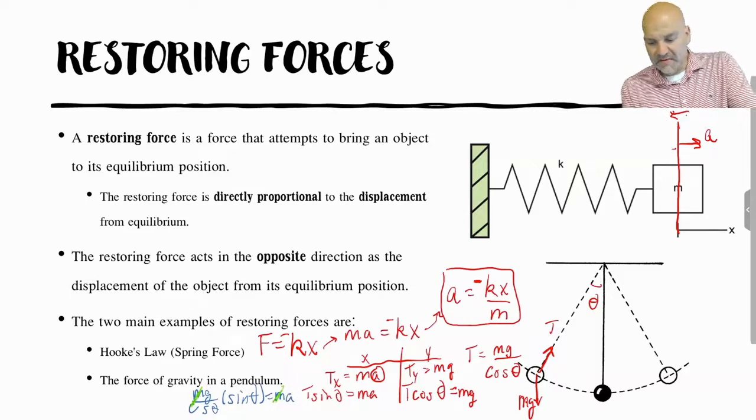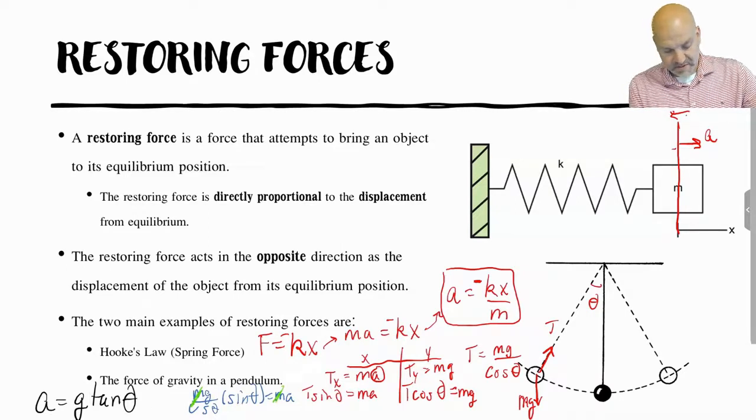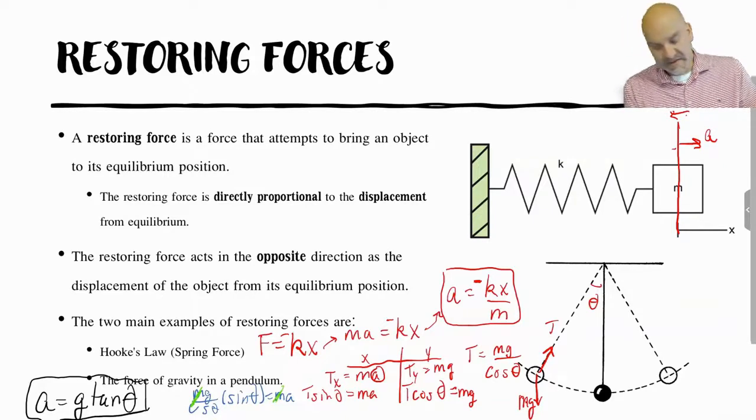Sine over cosine is tangent, and so I know the acceleration is going to be g tan theta. That would be the acceleration that is going to cause this to come to a stop.